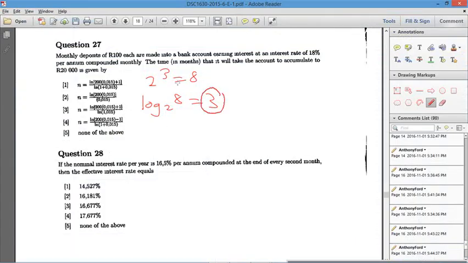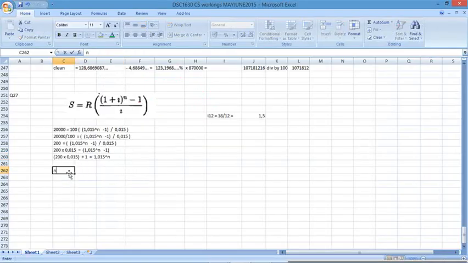So n must equal the log of the base. My base in this question would be 1.015, of the answer, which is the 200 times the 0.015, close bracket, plus the 1, close that bracket.